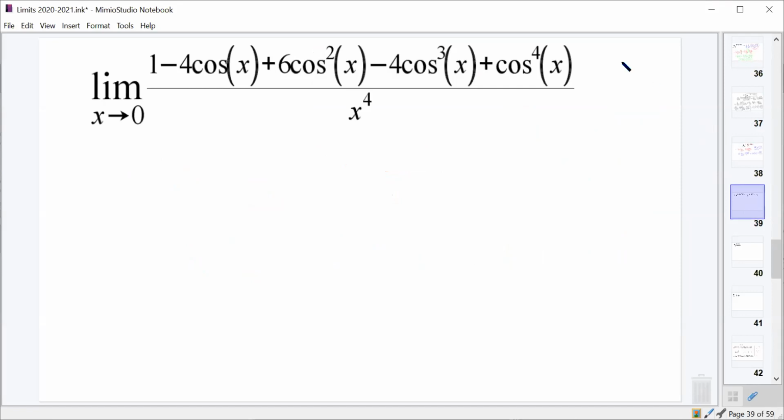Another nice easy one, nice little simple looking one, right? Looks almost the same. Any thoughts?